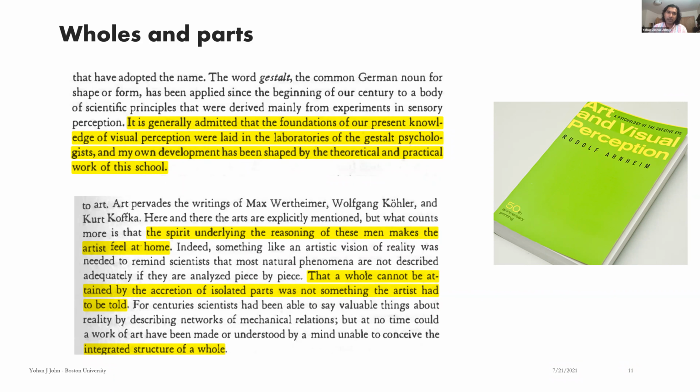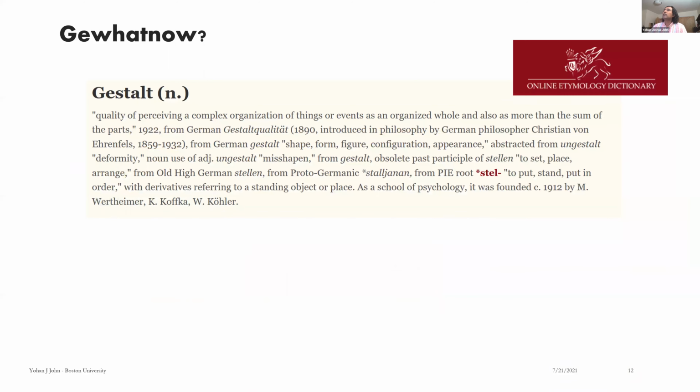So for them, it was sort of preaching to the converted in a way. But it was nice for the Gestalt psychologists to make some of these things explicit. Because even to this day, a lot of people don't seem to understand what this idea really means. It's not actually that complicated. But I like to start with the etymology. So what is Gestalt?